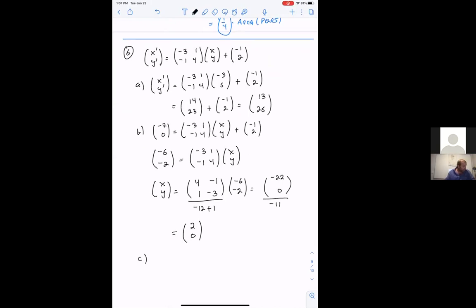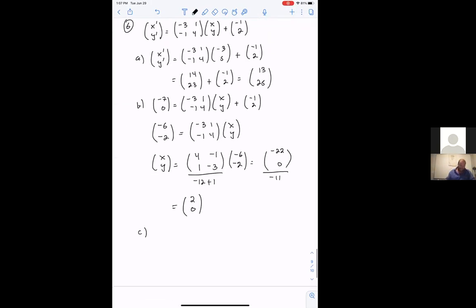And then C, the coordinates of the image of (a, 2a). So now it's just giving us a generic (a, 2a), and it wants to know where does this (a, 2a) end up. So I get -3a plus 2a, that's -a.